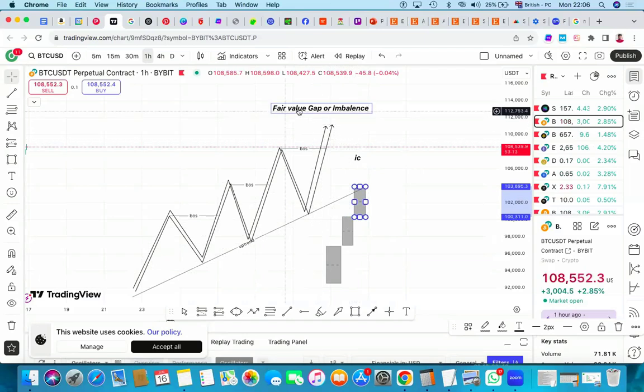When we say fair value gap or imbalance, what we mean is where prices are being manipulated by the institutions or more influential traders that have big money, smart money. When they join the market, they tend to create this imbalance, or what we refer to as a fair value gap.